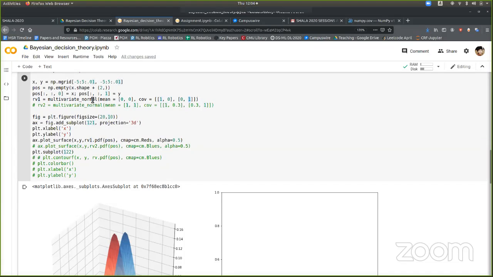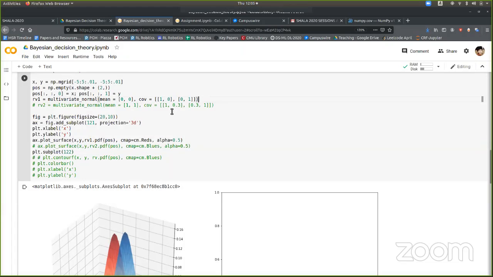So this multivariate normal can be expressed as a product of two normals. Basically you can split the equation into two variables: a 1D normal and another 1D normal, and the product of the two.